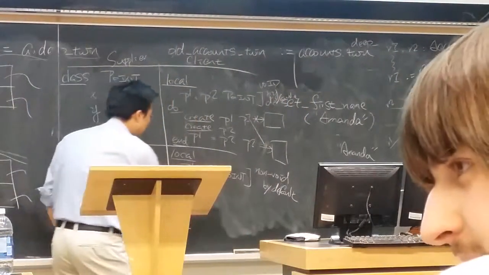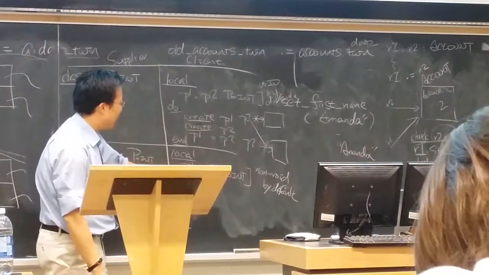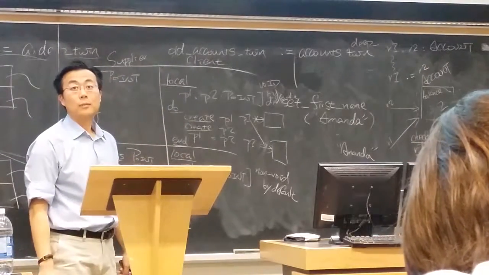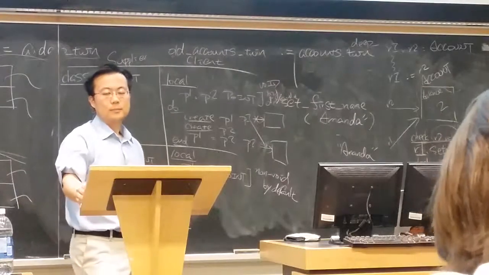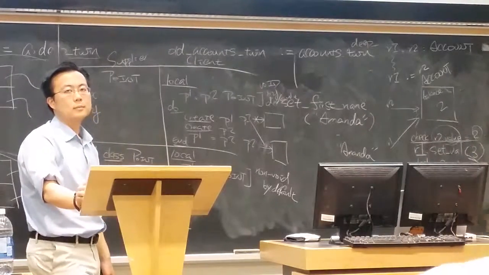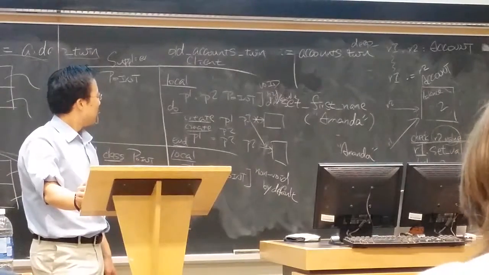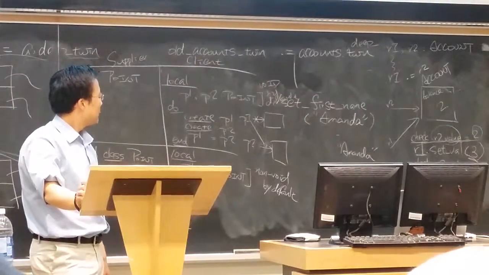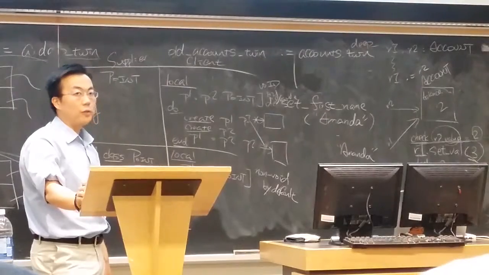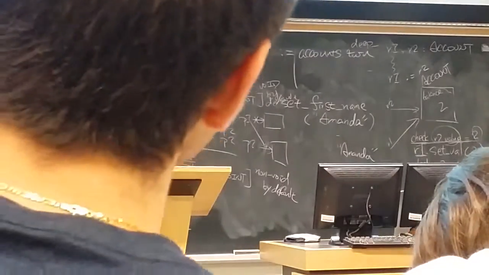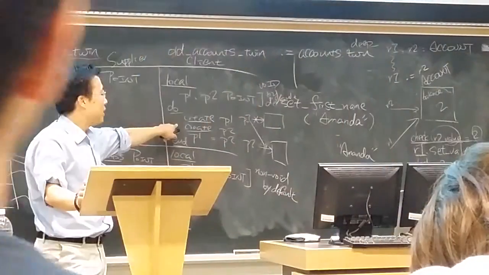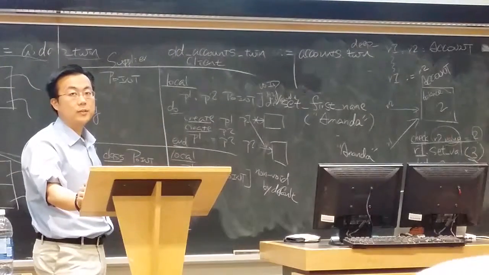So now you don't really have to say create P1, create P2. This means in the first one, P1 and P2 are no pointer, but in the second one, P1 and P2 will point to an object. They will point to some object by default. But in the first case, before you create P1 and P2, yes, it will be void.